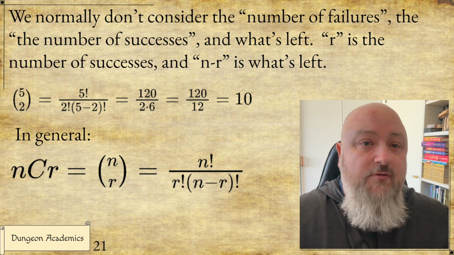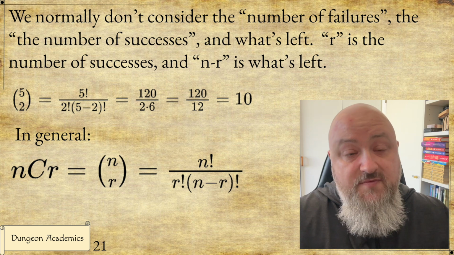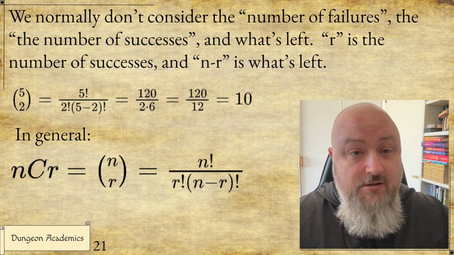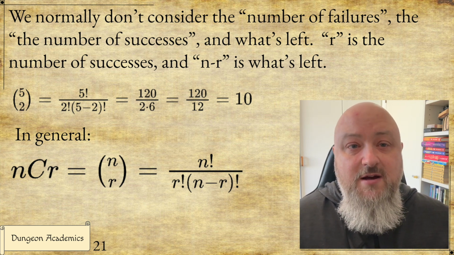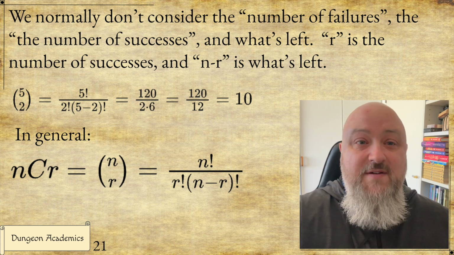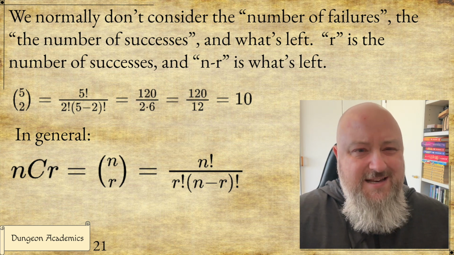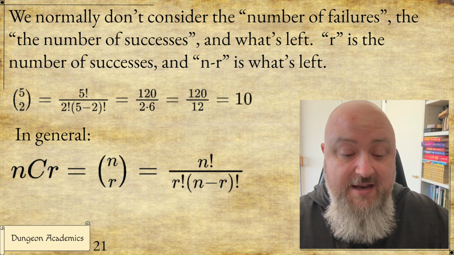Now, the general formula for this, n choose r, is n factorial divided by r factorial times n minus r factorial. N minus r tells us how many failures we have, given that there are n events with r successes. It's telling us how many events left over are there, which are all failures.